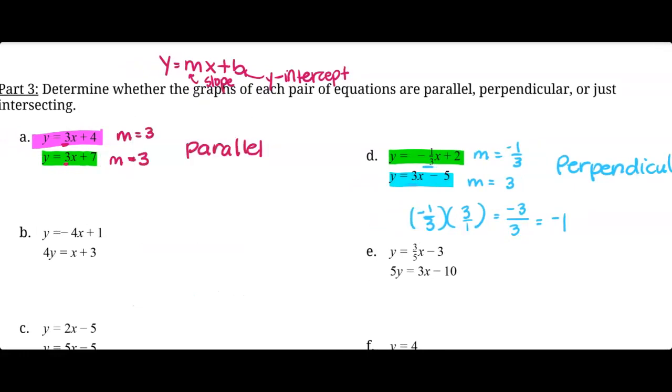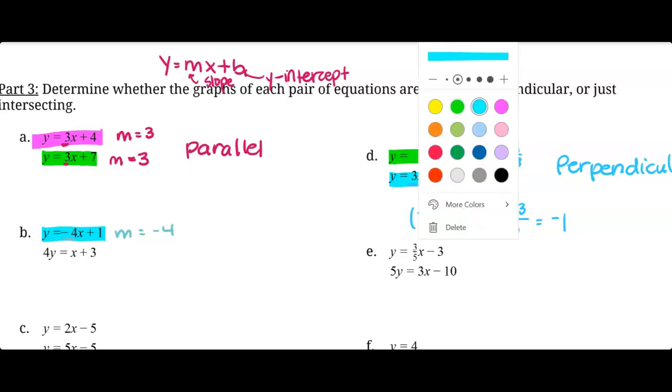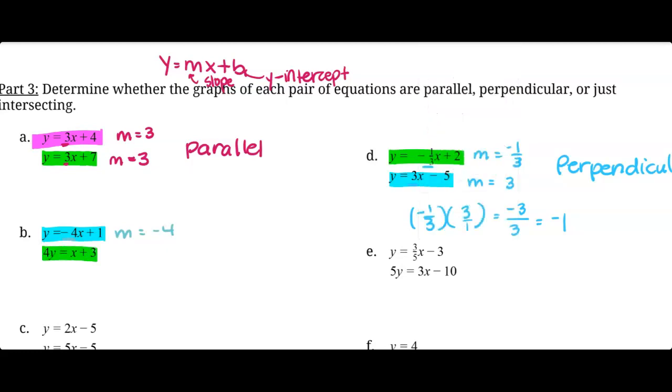Looking at B, I can see from my first equation, it's in y equals mx plus b form, so I have a -4 for my slope. When I look at my second equation, I see that it's not in y equals mx plus b form. I have something on my y. So before I can say what my slope is, I need to divide everything by 4, which gives me y equals 1/4x plus 3/4.